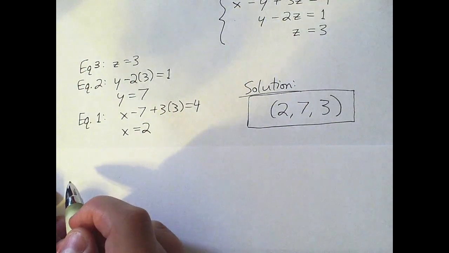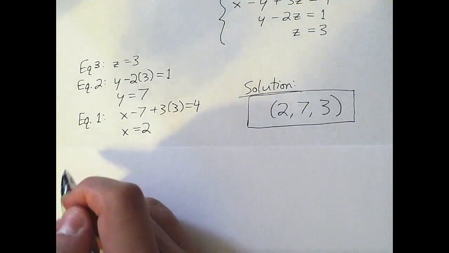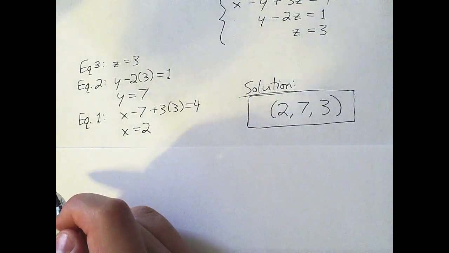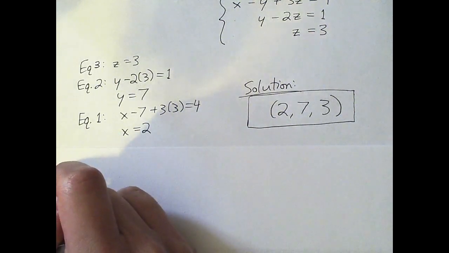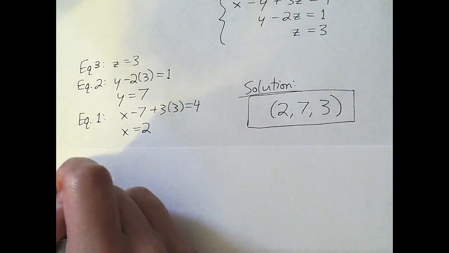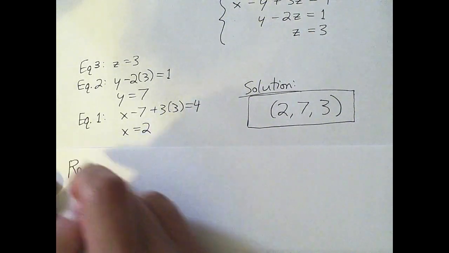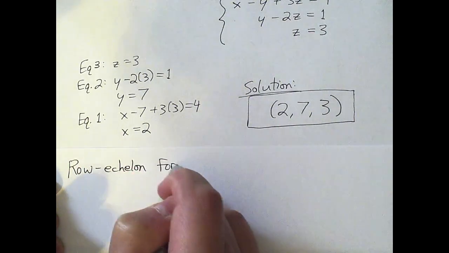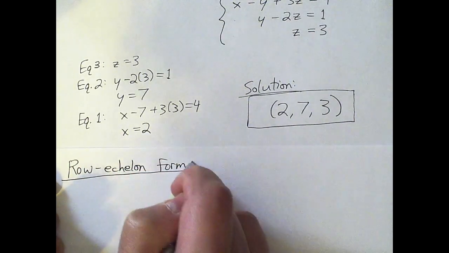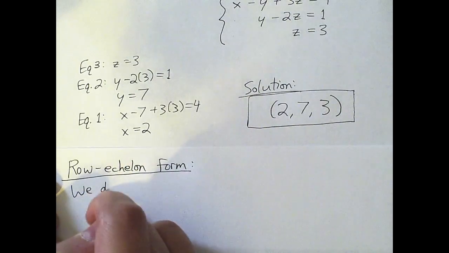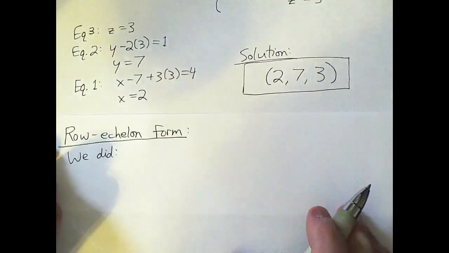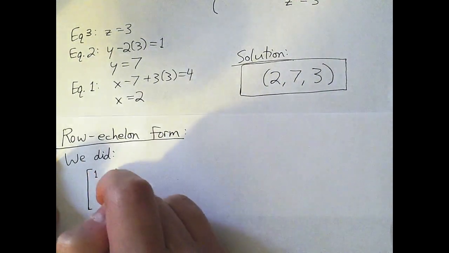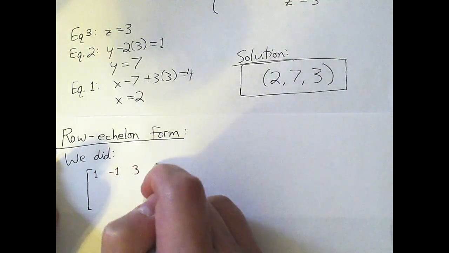So let me talk a little bit about different forms that matrices can be in. There's a form that's called row echelon form. So, just to recap, we started with this augmented matrix of a system that looked like this.